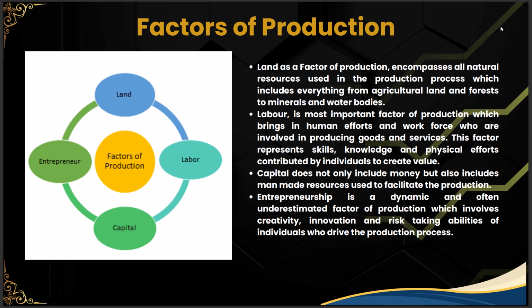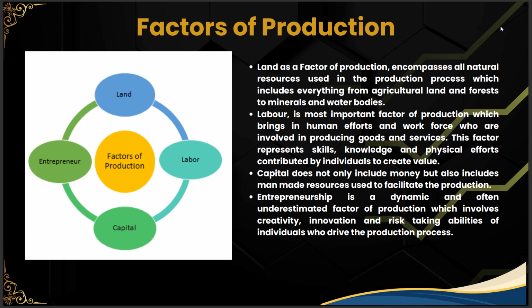See, a landowner who gives his land for production gets paid back as rent, which is a part of national income because it's a factor income. Next is labor. Labor is the most important factor of production because you can have land, but without labor, you cannot produce anything.